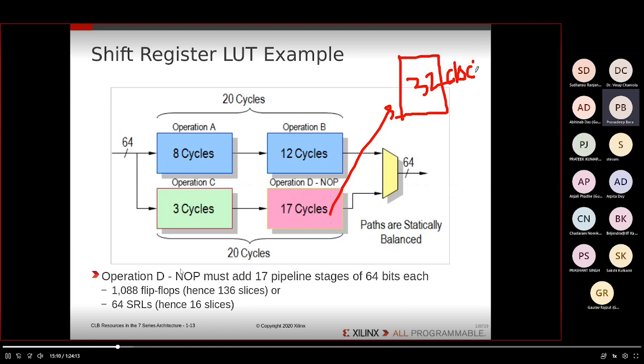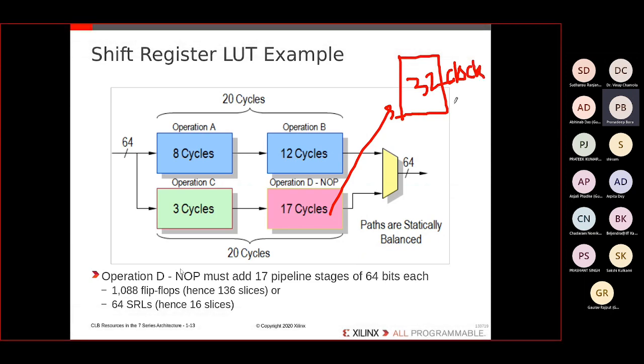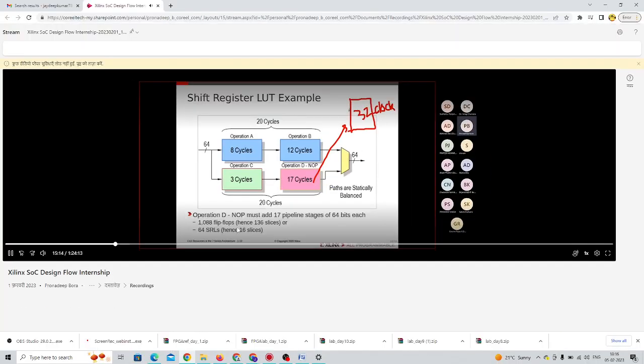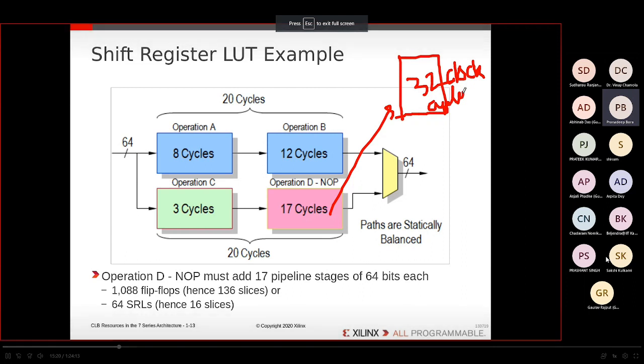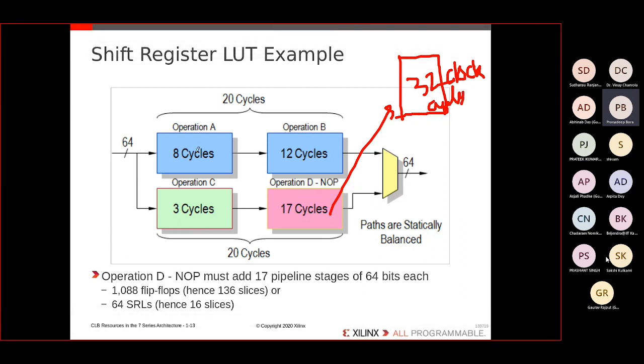So one shift register, that is a slice M LUT, can shift the data up to 32 clock cycles. That we know. There is a maximum of 32 clock cycles, and all these are dynamic addressing.